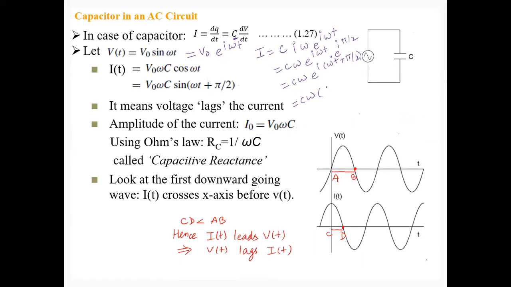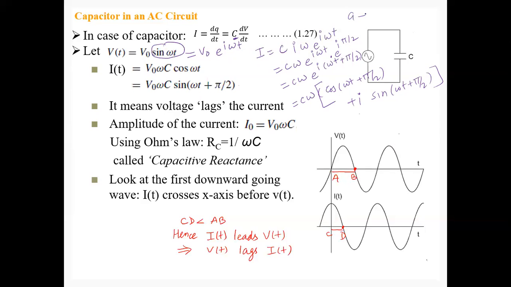You would get cosine of omega t plus pi over 2 plus i sine of omega t plus pi over 2. So when you started, did you start with the imaginary or real?